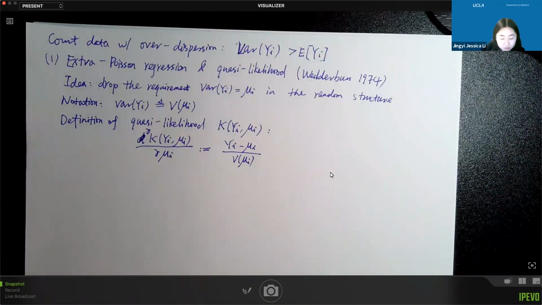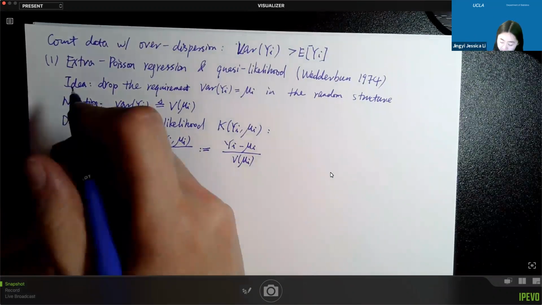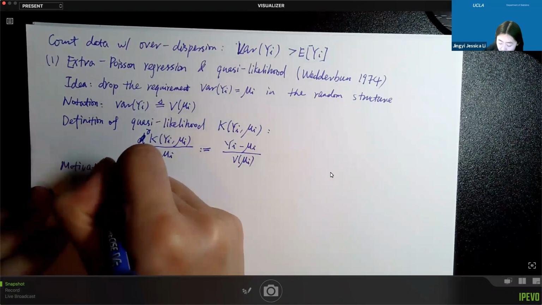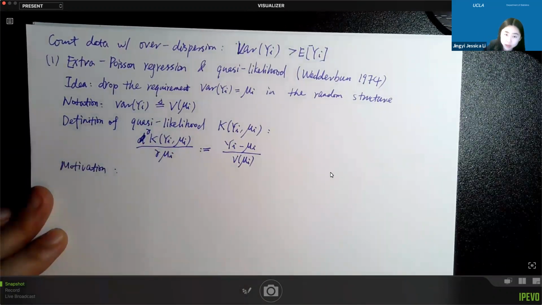And what's the motivation? This is motivated by the log likelihood of the exponential family.